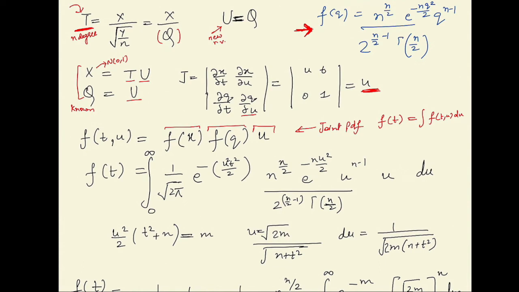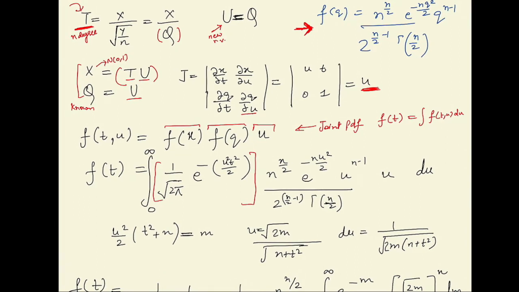So now let's try to put these terms one by one. fx is simply a normally distributed random variable with standard normal distribution. So the PDF of fx is 1 upon root 2 pi e raised to minus x square by 2, which is this term. So instead of x, we replace x by ut as calculated here. So we get 1 upon root 2 pi e raised to minus u square t square by 2.